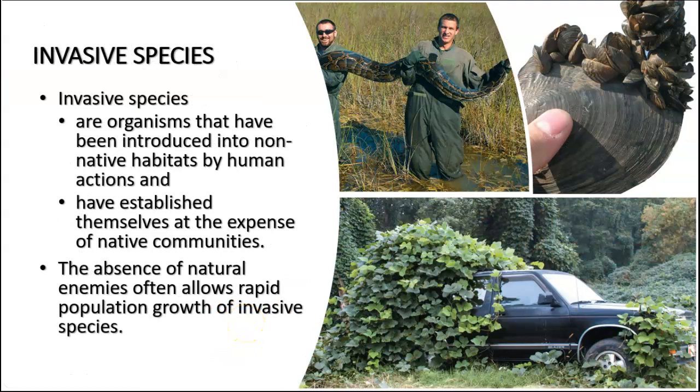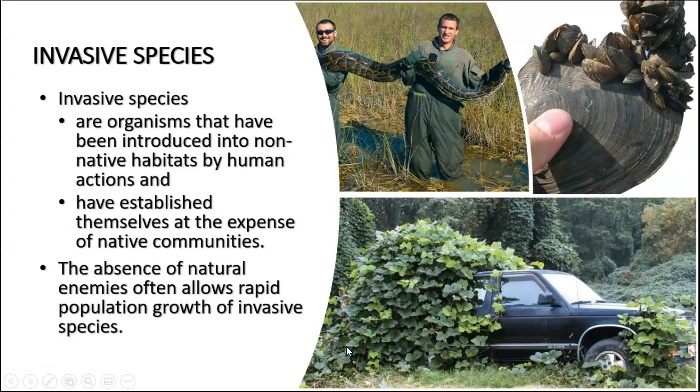Invasive species oftentimes have been introduced by human activity, whether purposely or not. Sometimes it is something that's meant to stabilize the ecosystem. In the southeastern United States, there's an invasive vine called kudzu.